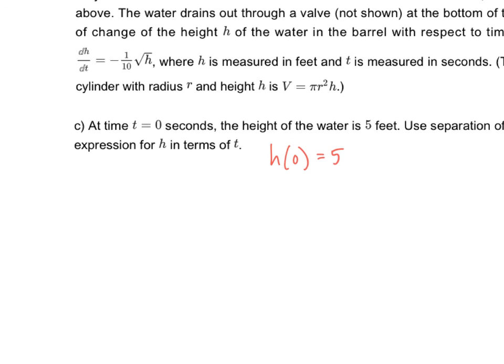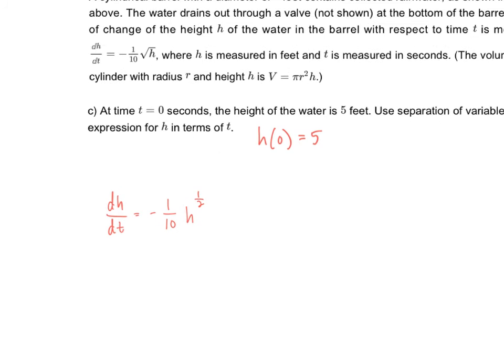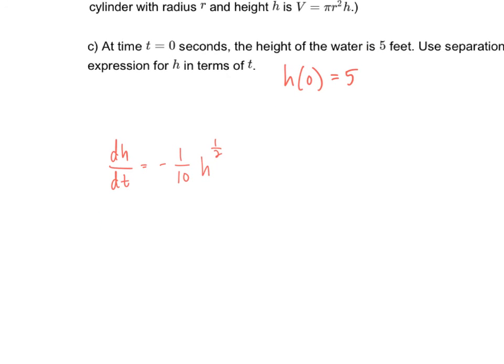We'll take that differential equation, dH/dt equals negative 1/10 h to the 1/2. They say use separation of variables, so we'll get all the h's together on the left and the t's together on the right.